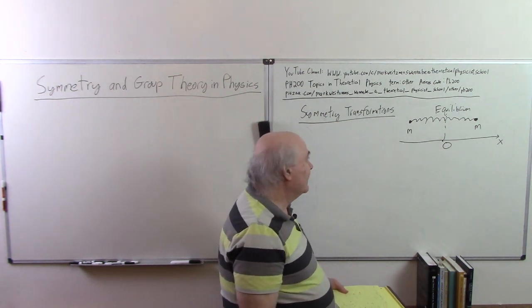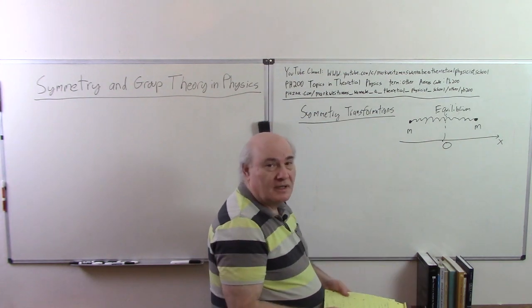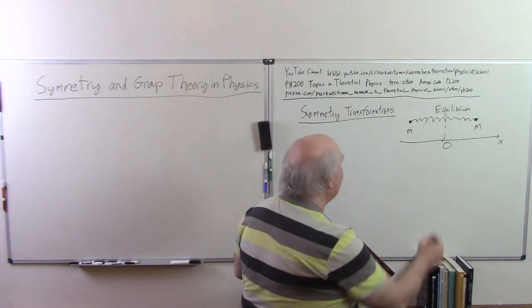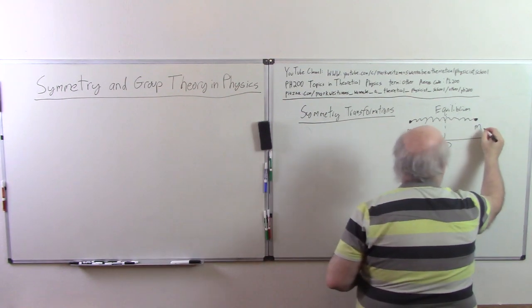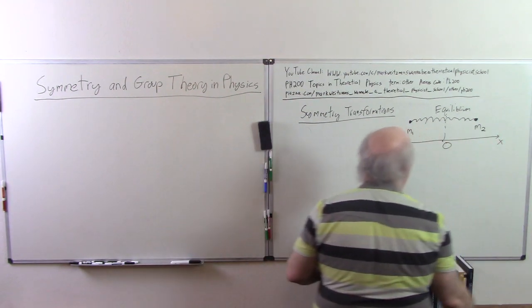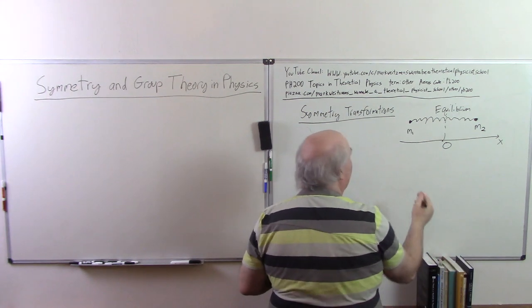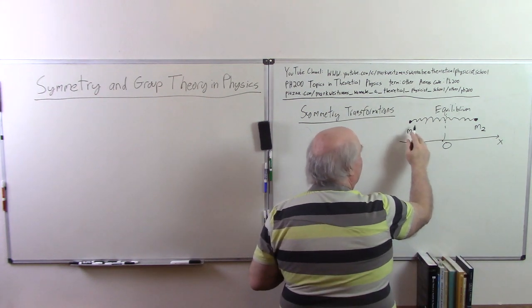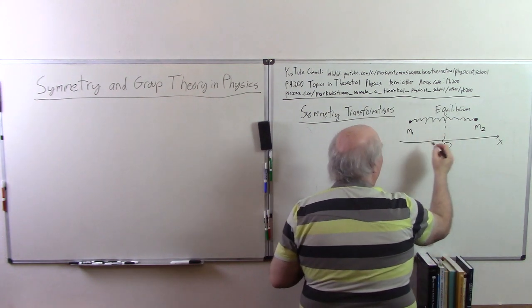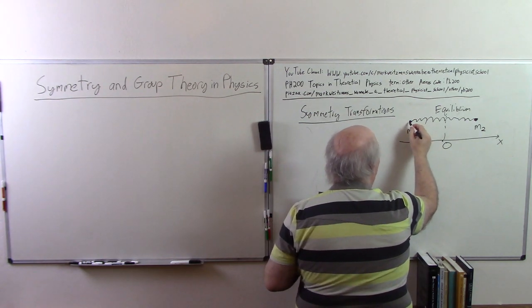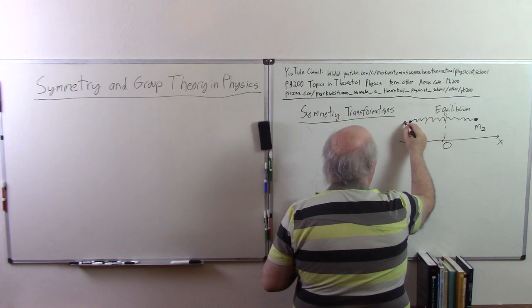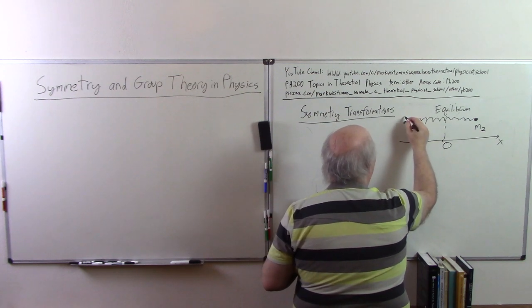And even before I ask that, how do we describe the coordinates in the system? Well, first thing is I'm going to call this mass 1, and I'm going to call this mass 2. We're not worried about the equilibrium coordinates, but what we're interested in is if this mass moves, let's say, this way a little bit, we're going to call this x1.